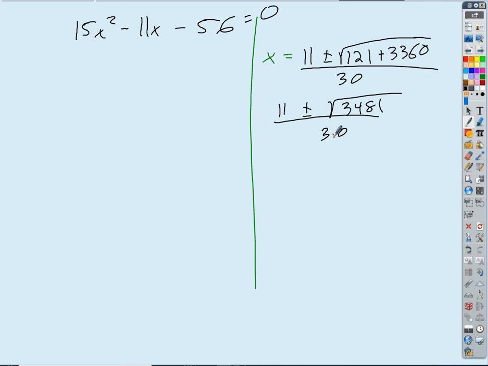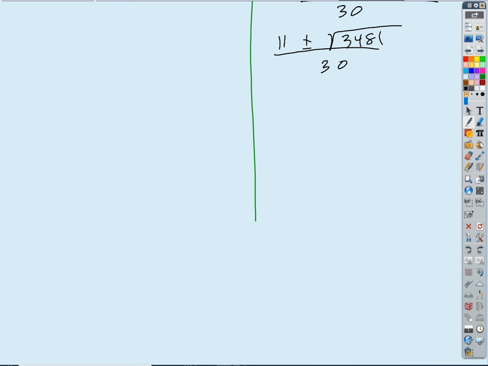How do we simplify that radical? Break it down. Okay, so I wanna factor it maybe, right? Because what I'm really trying to figure out is the greatest perfect square factor of 3481. What's that? Say it again? 59. Oh, okay, so it does work out to be a perfect square, okay?